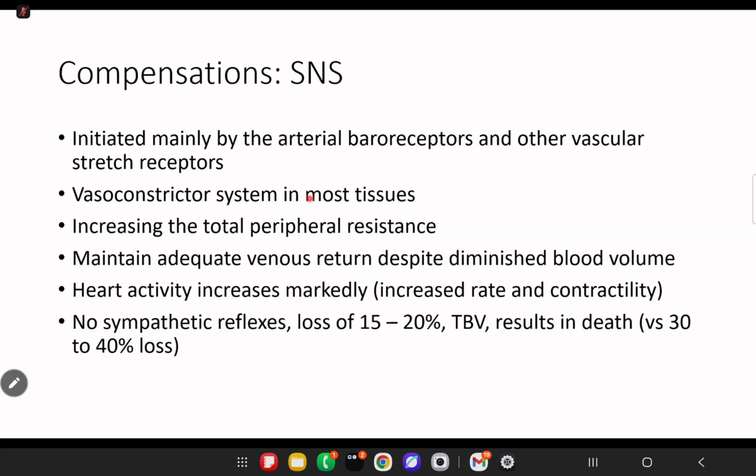Right. So what are these compensatory mechanisms which help you to maintain normal or near normal levels of your cardiac output and blood pressure?